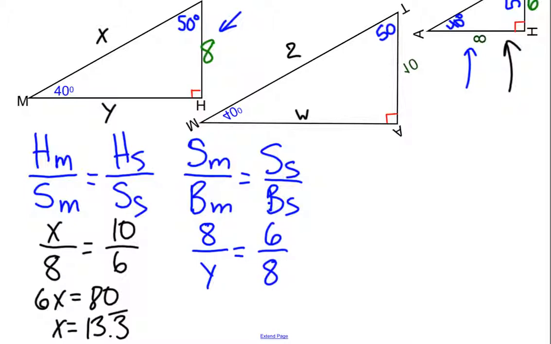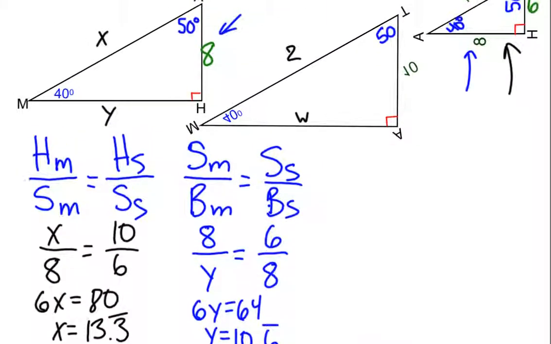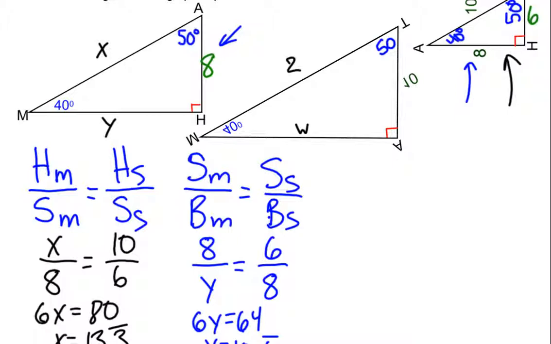Again, cross multiplying: 6y is equal to 64. So y is equal to 10 and 2/3, which is 10.6 repeating. We're cooking right along.